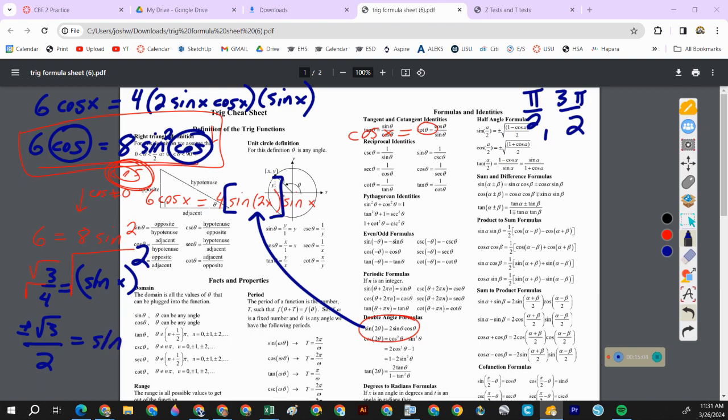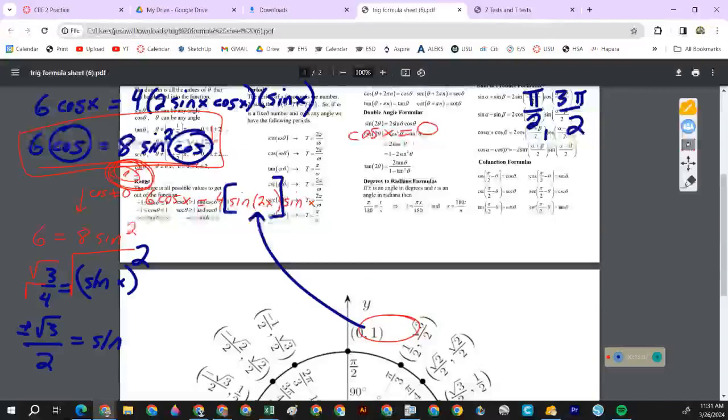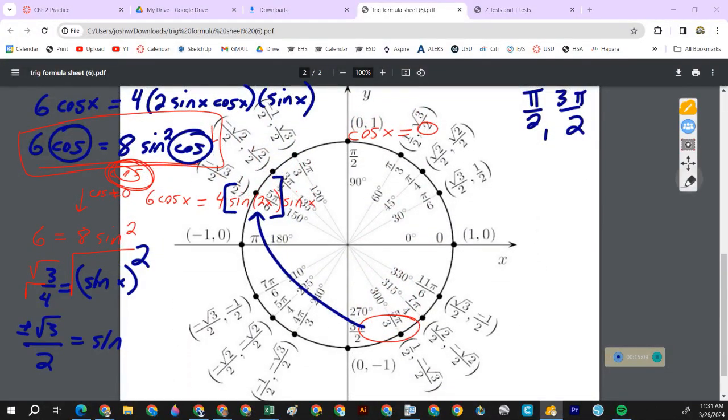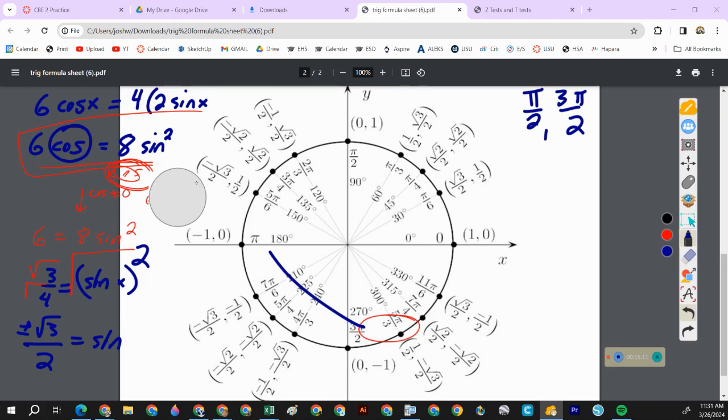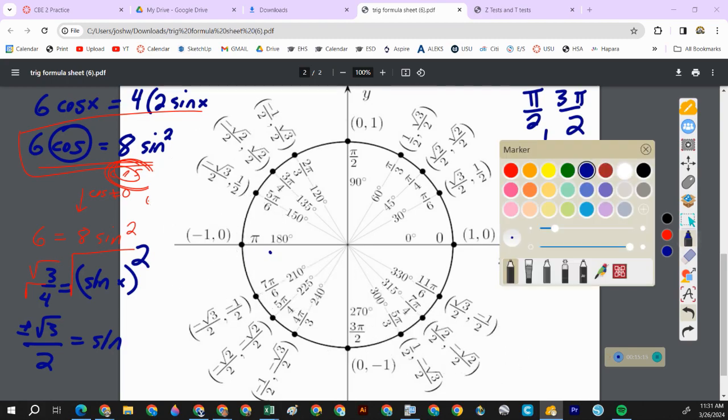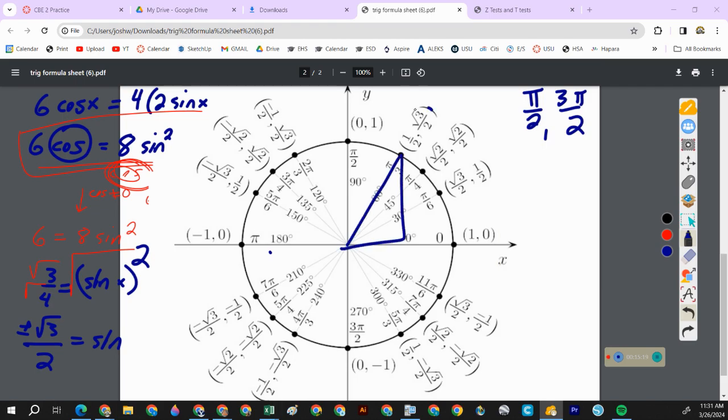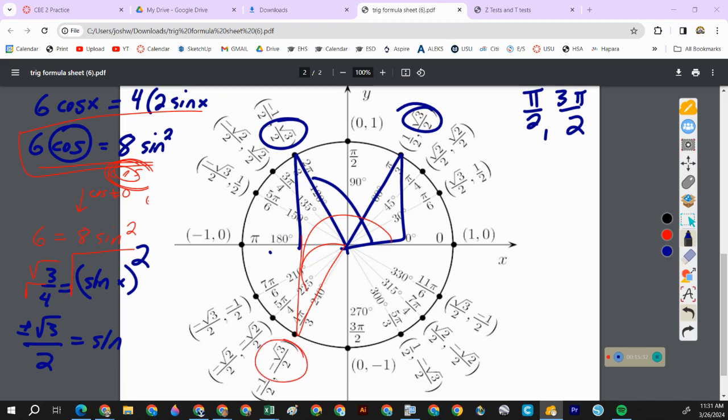Looking at the unit circle, where is the sine equal to the square root of 3 over 2? And it's actually plus or minus the square root of 3 over 2. So this angle works. This angle works. But so does this angle, because I have negative root 3 over 2.